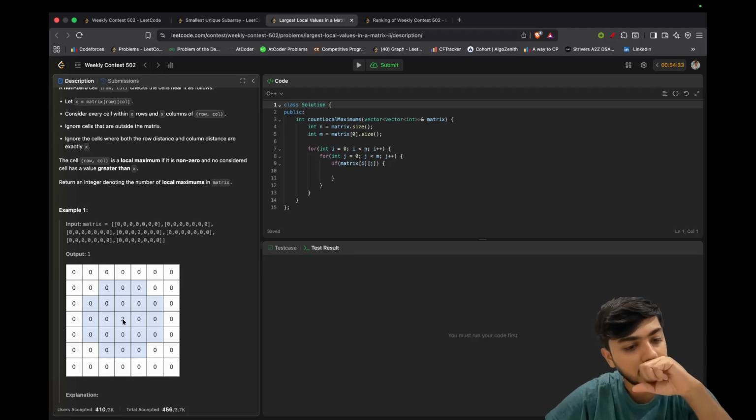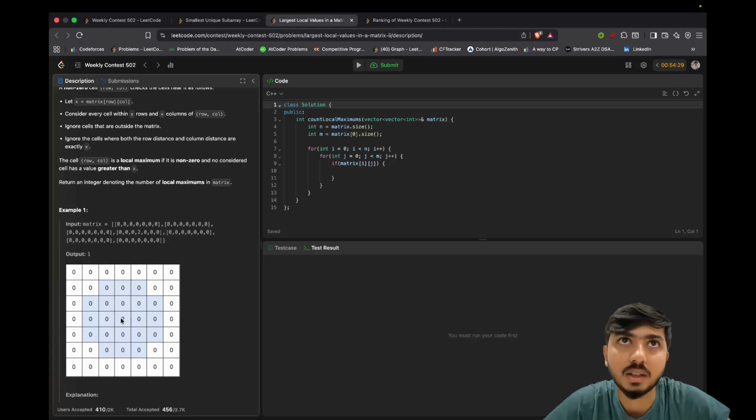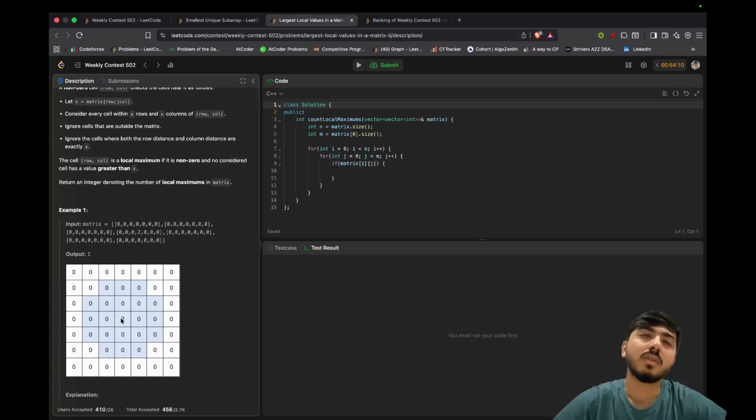What I'm thinking is, say if it is x, then I go for the next greatest element. Let's say x plus 1. Check where it is present. But won't that be brute force also?